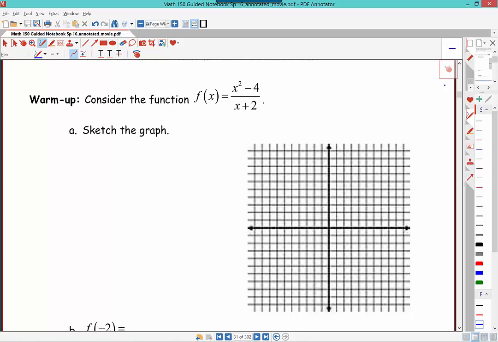Remember, when graphing, we want to make sure we're looking at a simplified rational expression. So let's go ahead and factor this and see what happens.